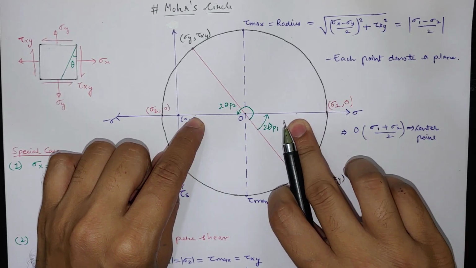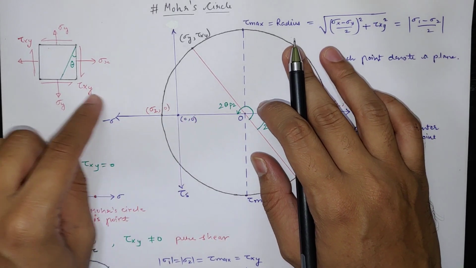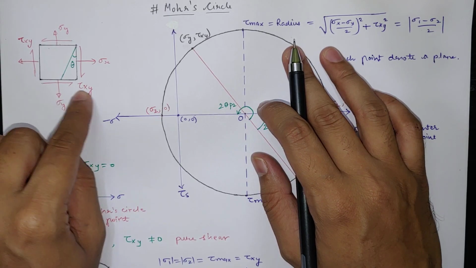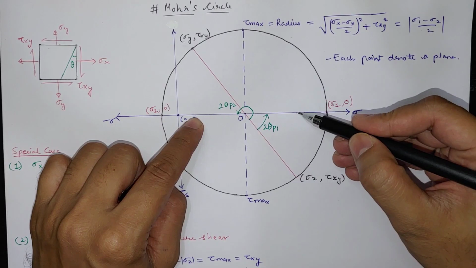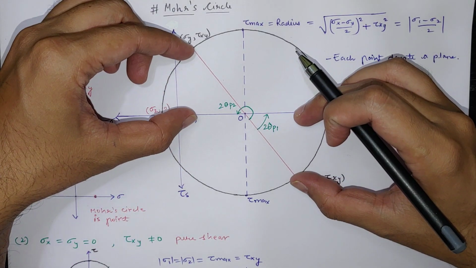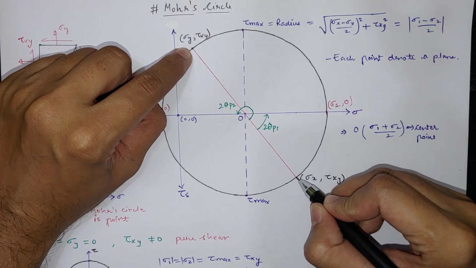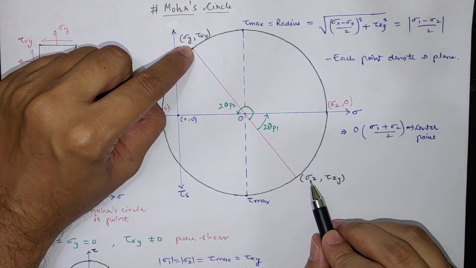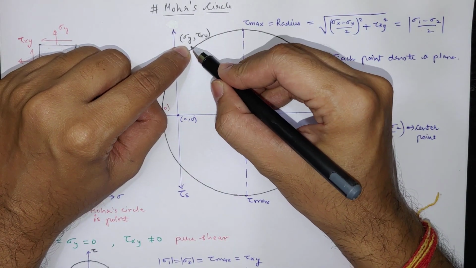So we have plotted sigma x, sigma y, and we have to move in vertical direction for tau xy. So tau xy downward we consider as positive. So on downward direction here, whatever the tau xy will be, similar distance will be on the other side. So we will get 2 points. First point will be this and second point. So sigma x tau xy we have to plot, and sigma y tau xy we have to plot.